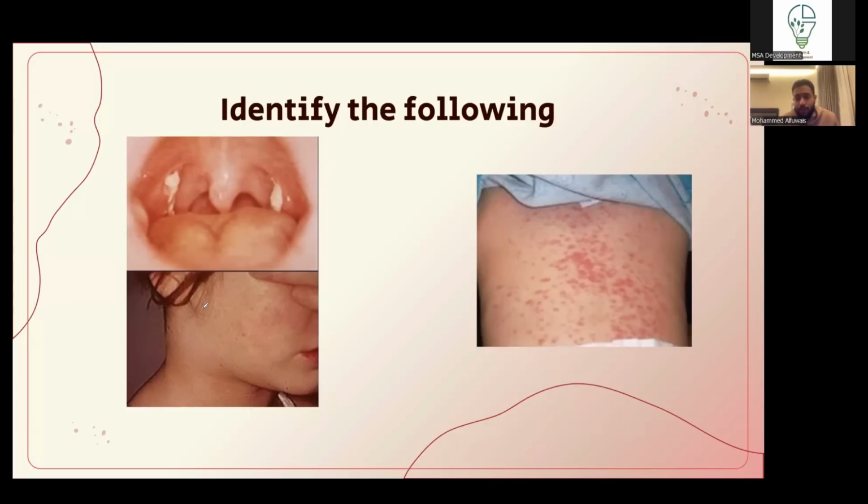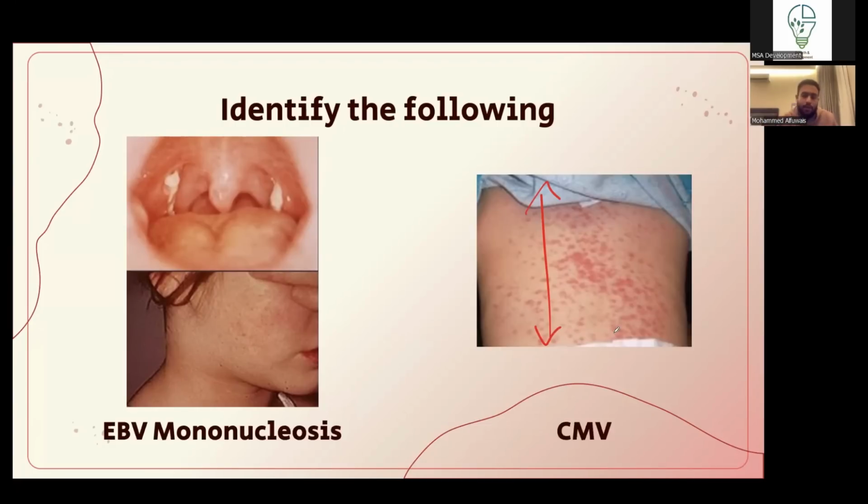CMV, the characteristic way I would tell you a CMV infection is in an immunosuppressed patient who developed a severe rash later. Again, CMV is an opportunistic virus. It happens usually in immunosuppressed patients, either patients on chemotherapy or patients who have HIV who later developed a low CD4 count.